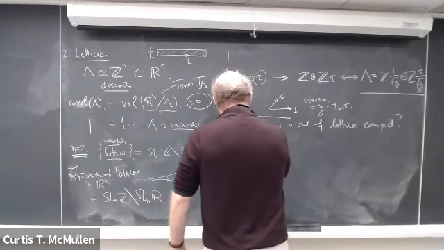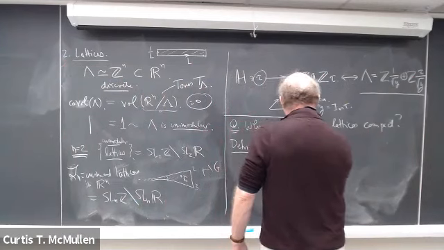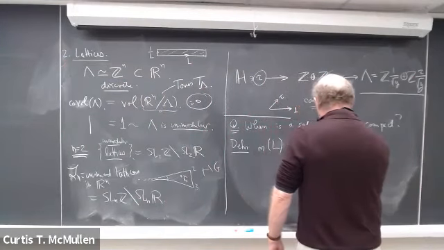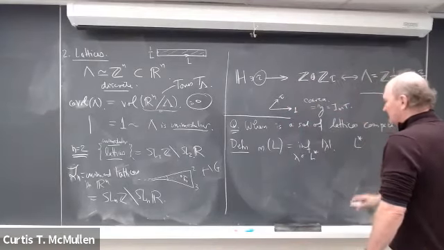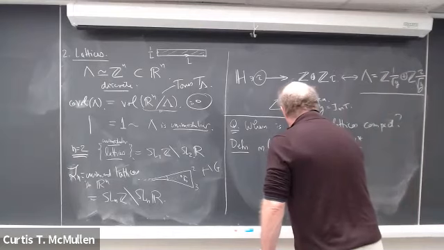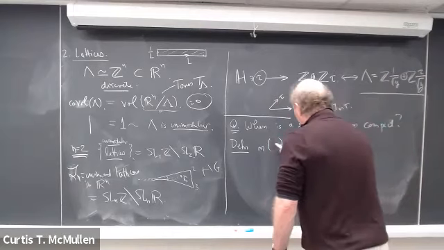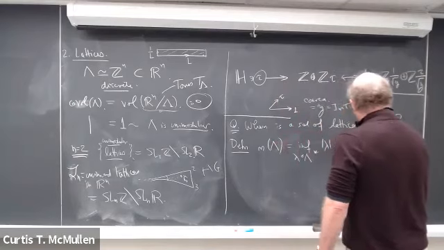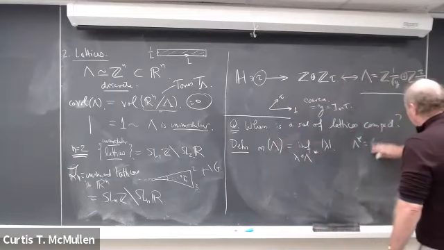So our definition is we let m of lambda be the inf over lambda star of the length of lambda, the length of the shortest vector, where lambda star is lambda minus the identity.